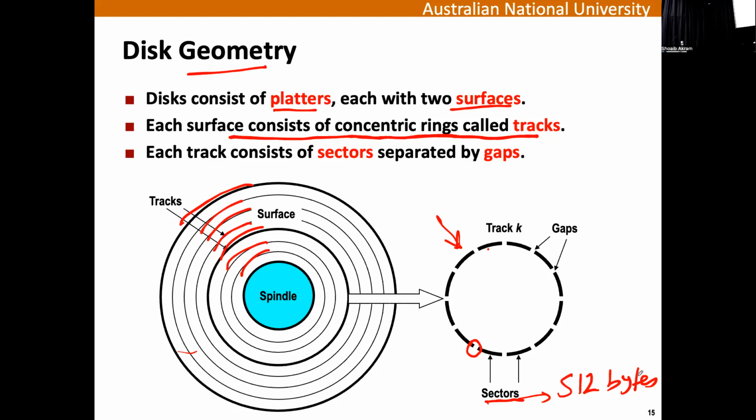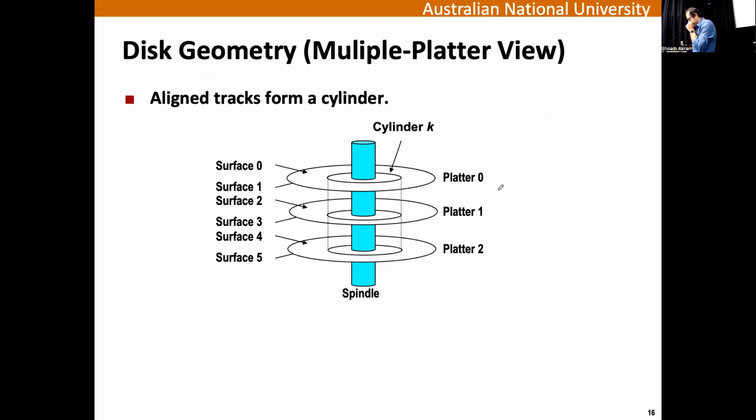So already there's a big difference between RAM and storage devices. The minimum information that you can access, the minimum granularity, is typically 512 bytes. Today you can find 1 kilobyte or more. Okay, so if you look at all the different platters, there are multiple platters in a disk drive because you want more capacity in a single drive.